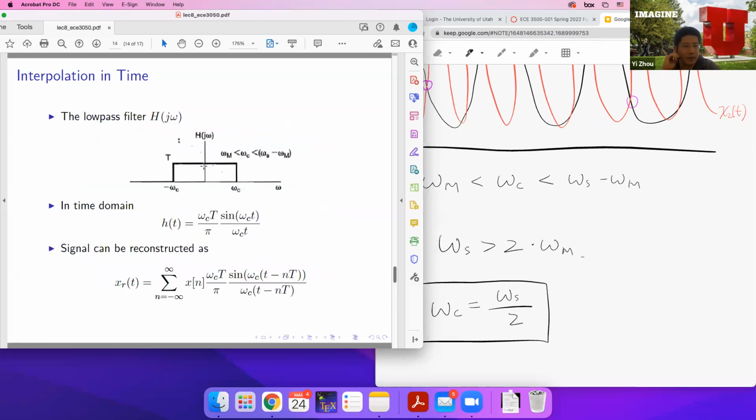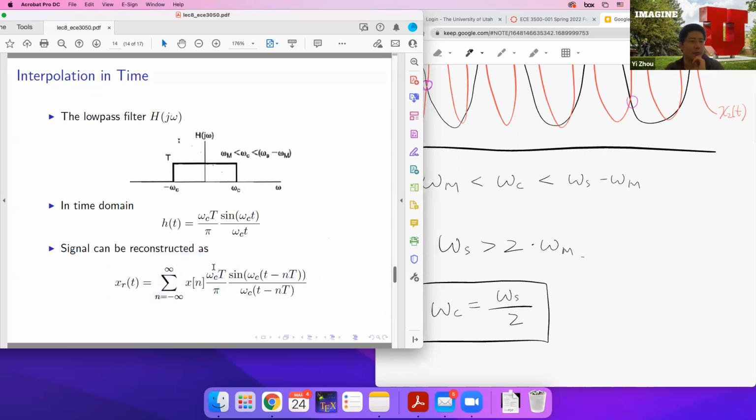Okay, now if you look at this equation, you can see that as long as you sample the signal beyond the Nyquist rate, as long as this sampling period is small enough, so you are sampling the signal at a sufficient frequency, you can always reconstruct the same signal by this equation.